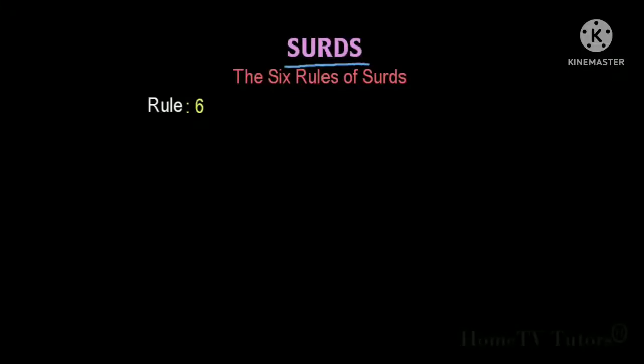Now we talk about rule 6, and this is c over a minus b square root n. Remember, you don't need to cram any of these rules, just understand them, and with that you can solve any question whenever you see them.